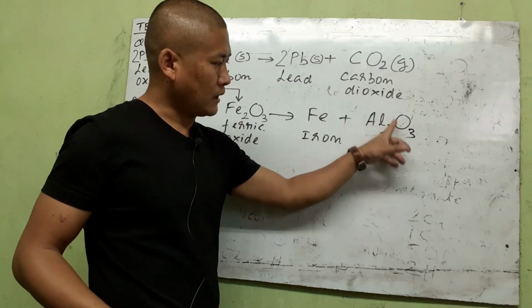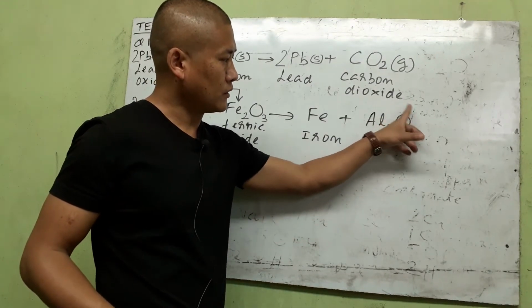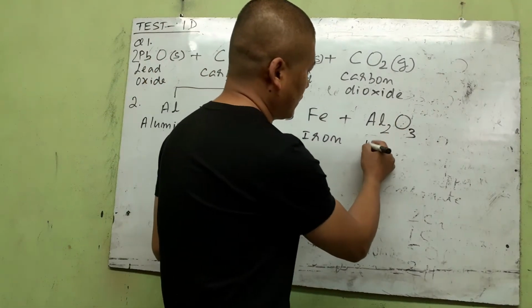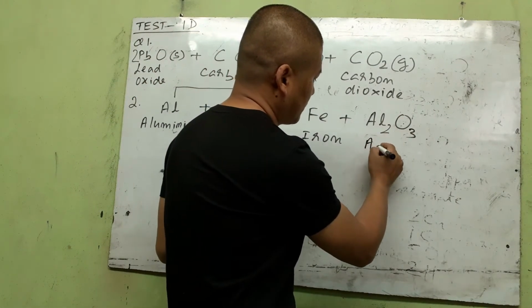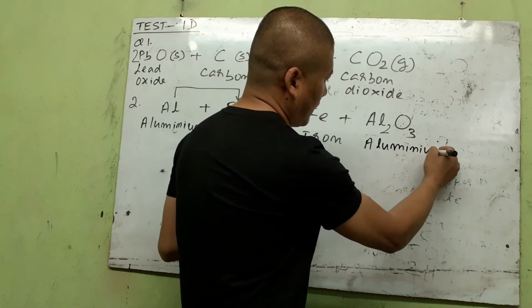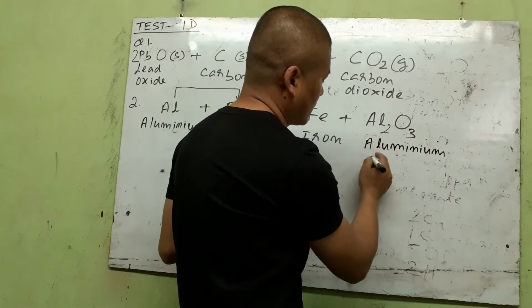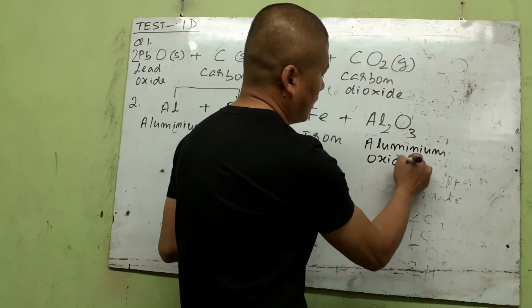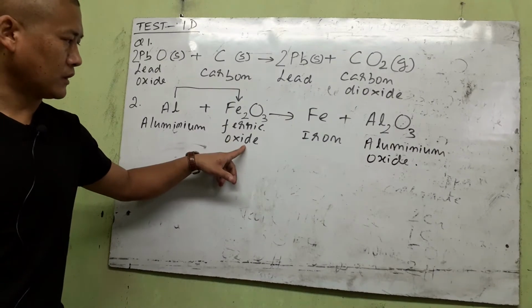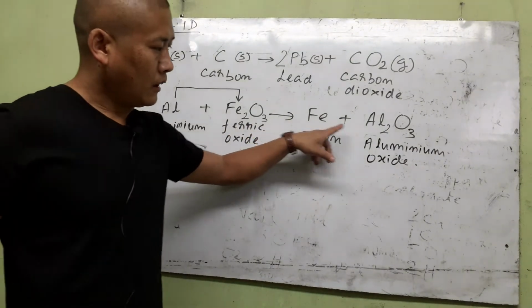And we shifted directly because 3 and 2 here can't cancel. So by looking at this formula also we know 3 plus Al means aluminium ion, and 2 minus means oxide ion, so aluminium oxide.